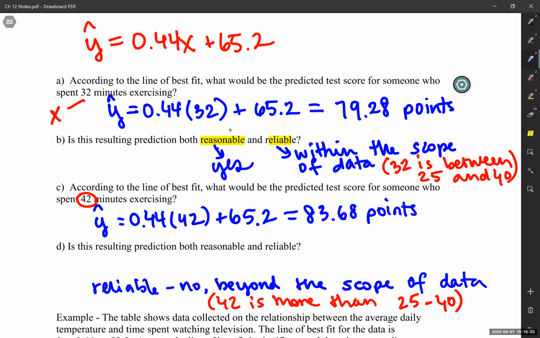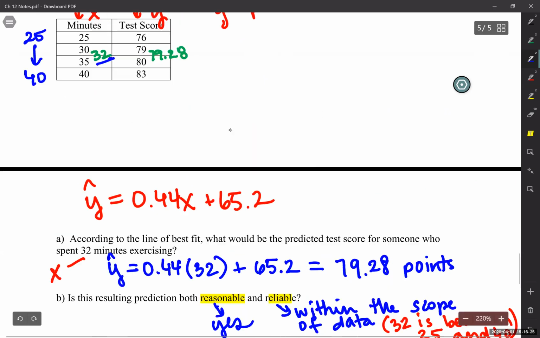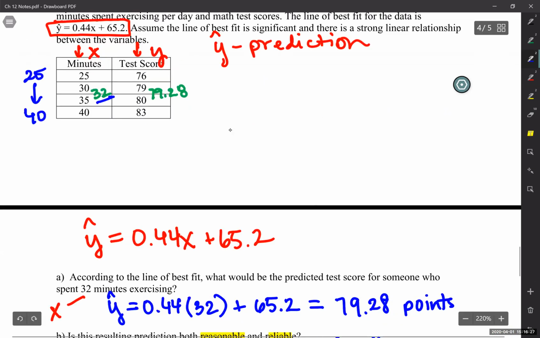But I can't use this line of best fit to say, you should go out and work out for 42 minutes because I know that's going to get you a test score around 84 points. It's just outside the scope of data. Because what happens beyond 40 minutes? What happens if at 41 minutes it actually hurts the test score?